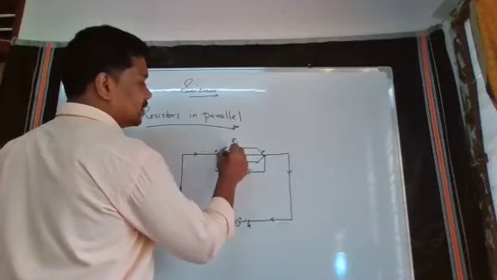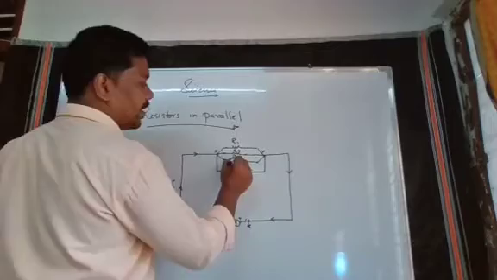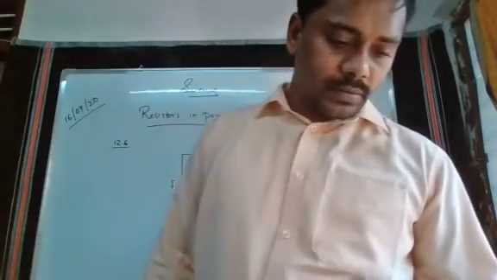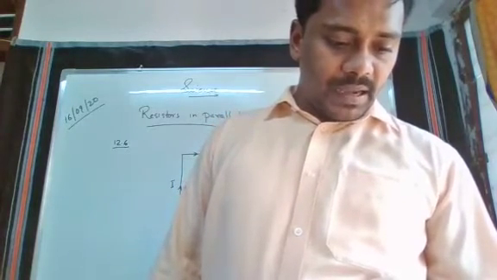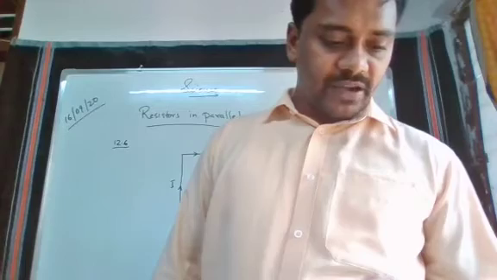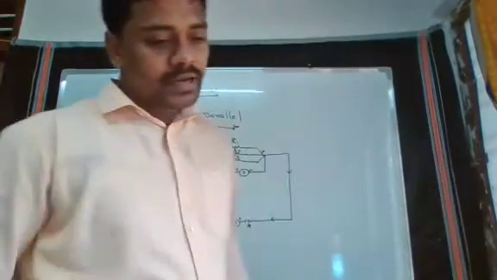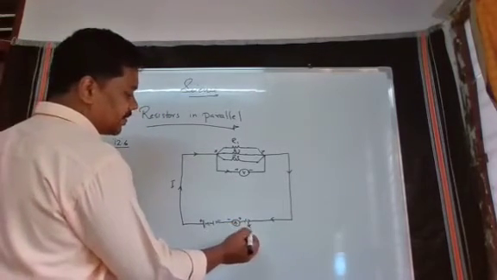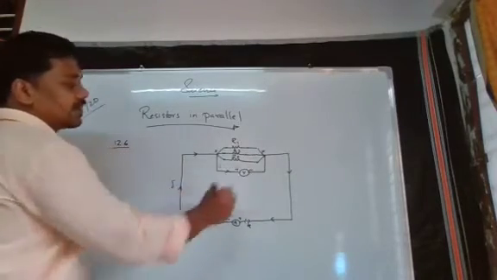Between X and Y, three resistors R1, R2 and R3 are connected in parallel. Connect it with a battery, a plug key and ammeter as shown in figure. Also connect a voltmeter in parallel with the combination of resistors. See, we have connected the ammeter, the switch key and the voltmeter. It is in parallel with the resistors.